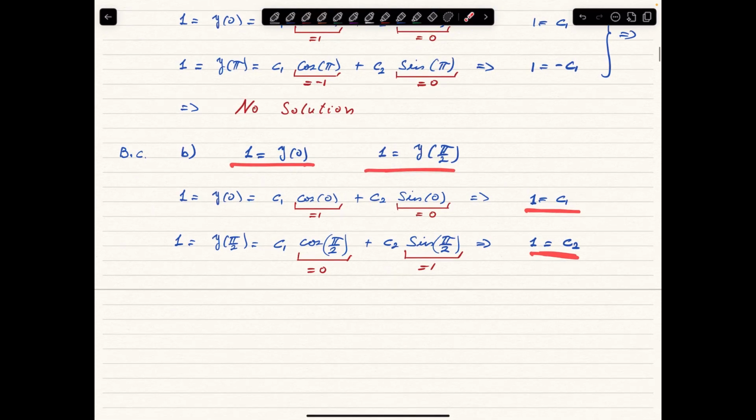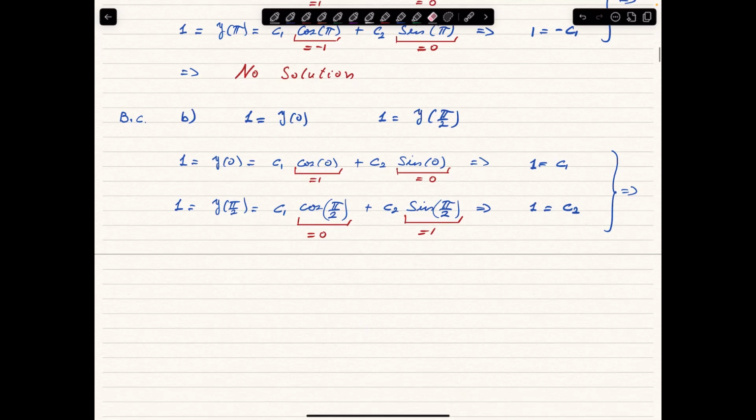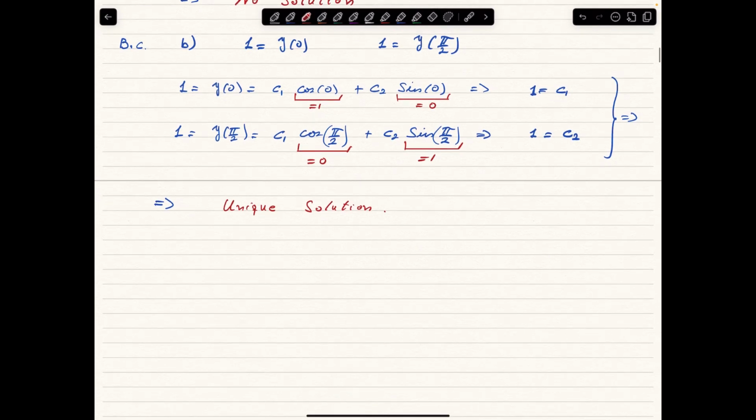These conditions are good in the sense that they fix both values of the constants uniquely, and then what we have here is a unique solution. And this is one of the cases in the theorem.